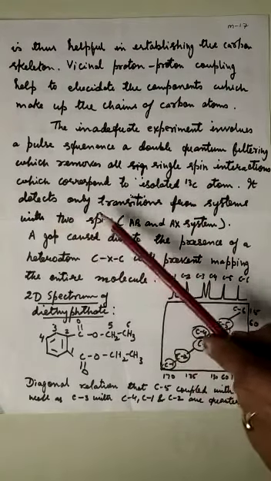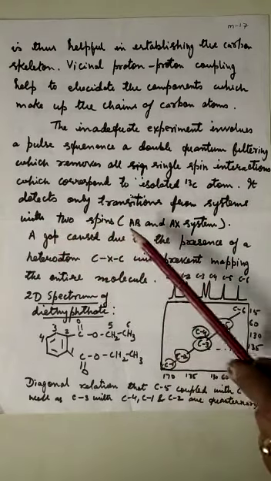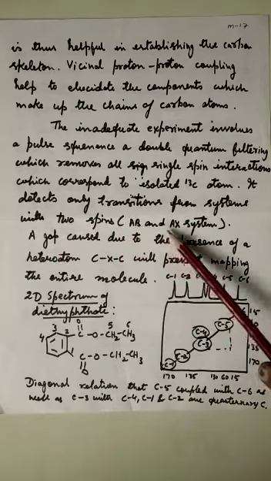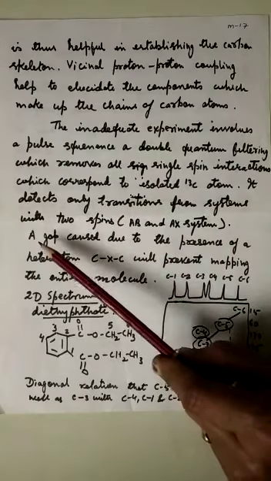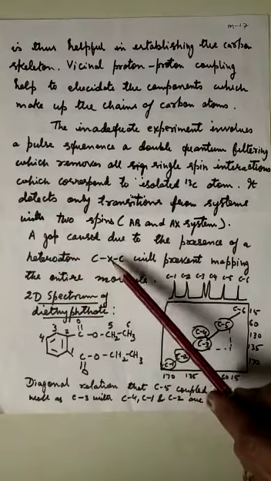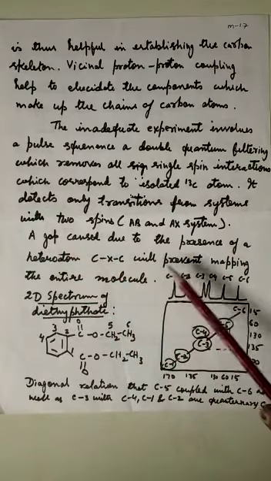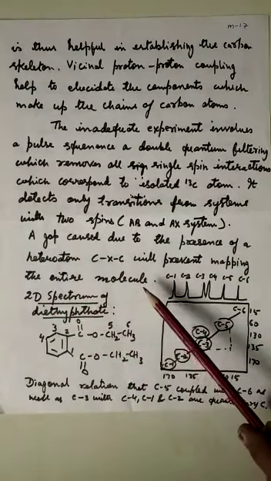It detects only the transitions from the system with 2 spins, that is the AB system and AX system. A gap caused due to the presence of a heteroatom, C-X-C, will prevent the mapping of the entire molecule.